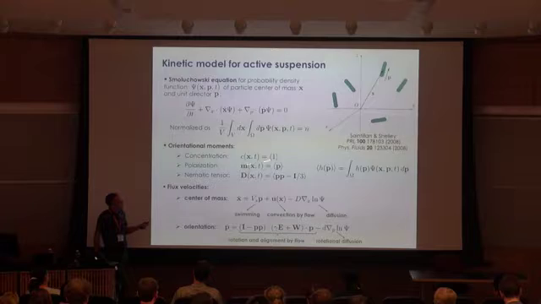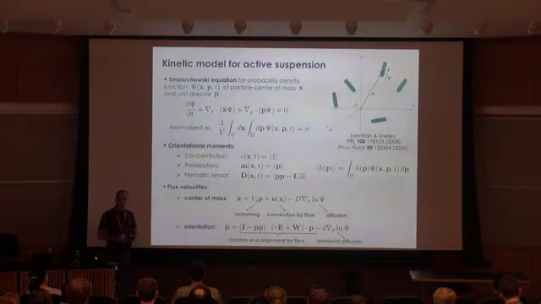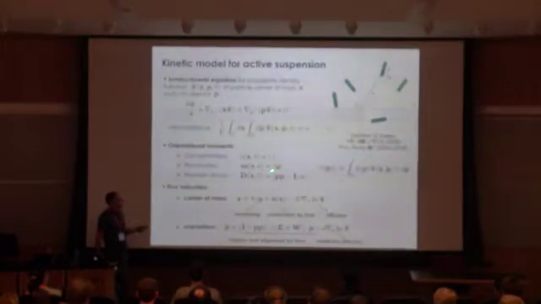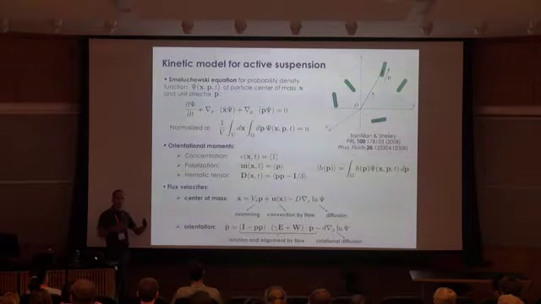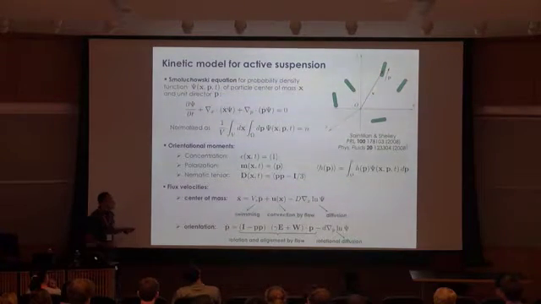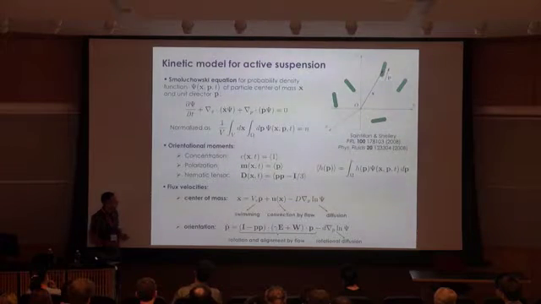If you average the distribution function over all orientations, you get the concentration field, which is a scalar. Then you can look at the average of p, which gives you the polarization. This is essentially the mean direction of swimming. And you can then take the second moment, from which I remove the trace, which gives you a second-order tensor, a nematic tensor, which tells you about the alignment of the particles, irrespective of the direction in which they point. So we're going to be thinking about these variables a lot.